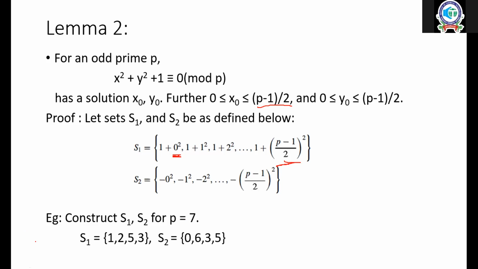No, I'm not talking about S1 and S2 having some common elements. I'm talking about S1 itself. Is there any two elements in S1 that are common? That's the question. I'm not talking about S1 and S2 together, only S1. Is there any possibility that two of them are equal?